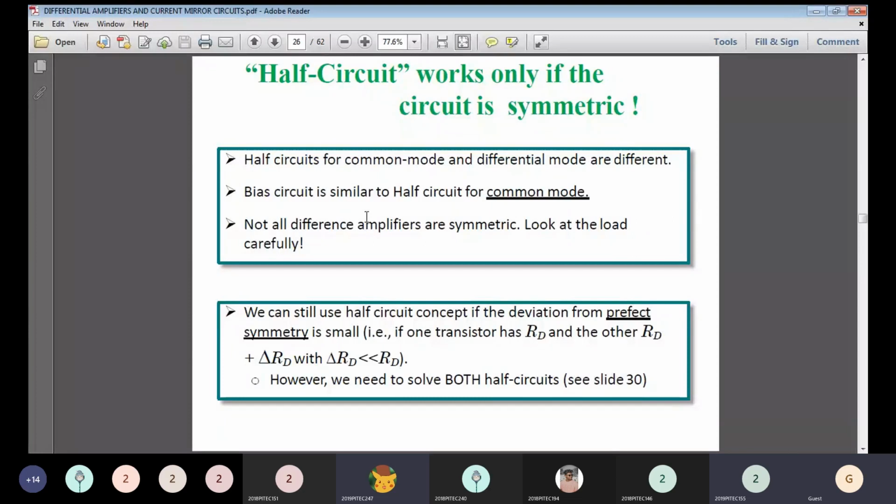Not all differential amplifiers are symmetric, so we should see the load part carefully. For a perfect symmetry case, if one resistor has RD and another has RD plus del RD, then del RD is very, very much less than RD.